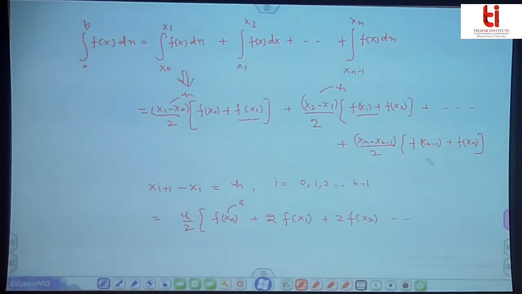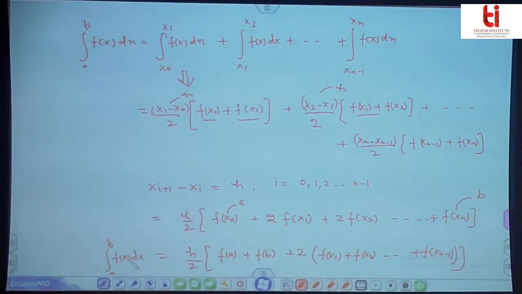All terms are repeated except the endpoints, and so on, plus f of xn. This xn is b. So we can write it as h by 2 times f of a plus f of b plus 2 into, taking 2 outside, f of x1 plus f of x2 up to f of xn minus 1. So this is the composite trapezoidal rule.